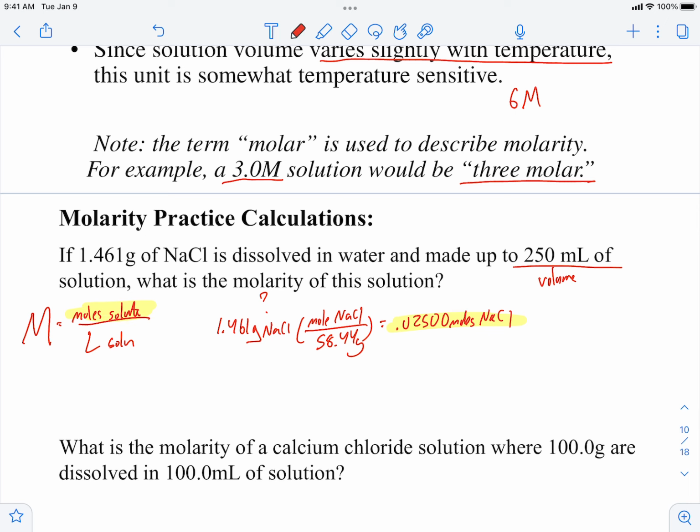And I need volume. So they gave me 250 milliliters. 250 milliliters has to be converted to liters. There's 1,000 milliliters in a liter, so this is 0.0250 liters. So now we can just simply calculate the molarity.